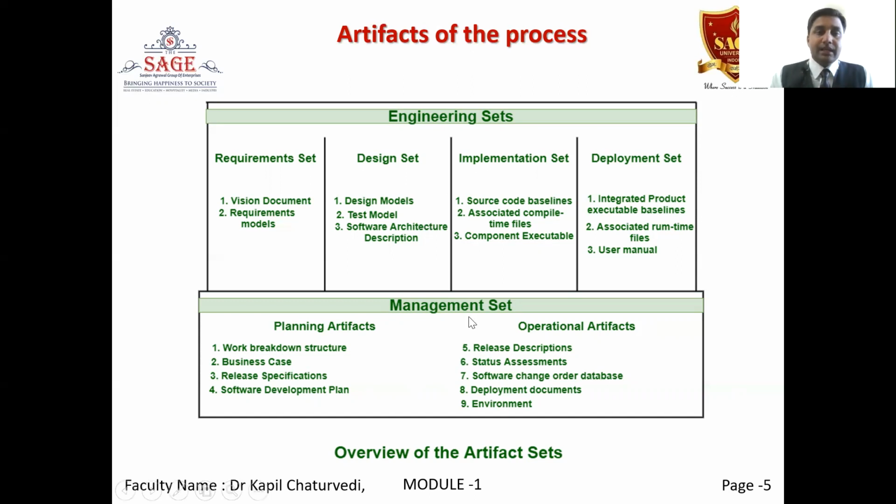Now in the management set, we have two categories: planning artifacts and operational artifacts. Planning artifacts means management during the planning step, and operational artifacts means management during the actual operational duration. In the planning artifacts: work breakdown structure, business cases, release specification, and software development plan.